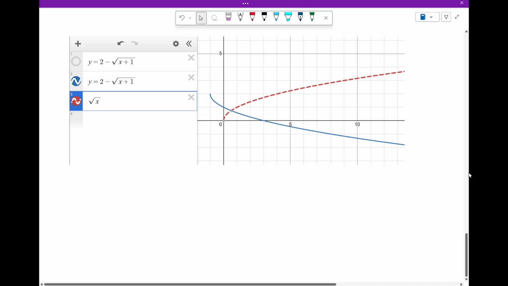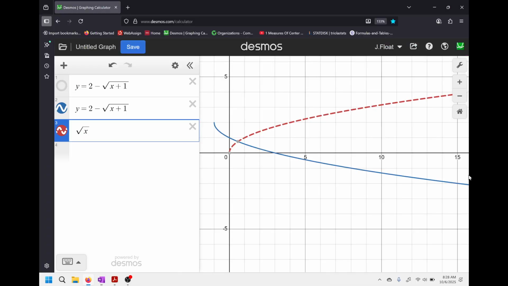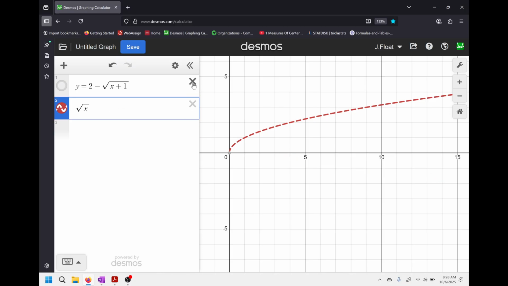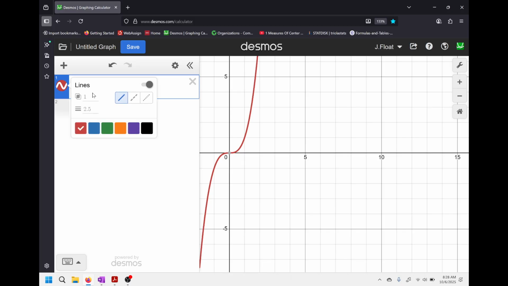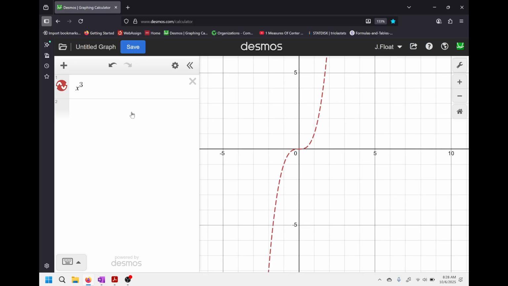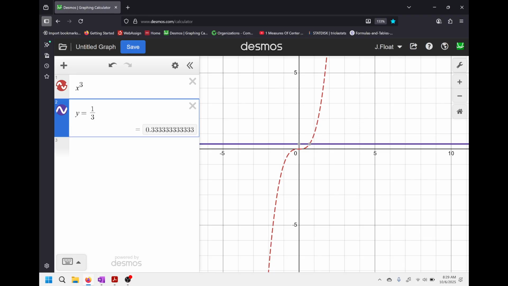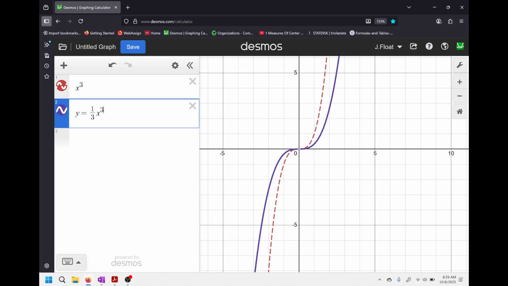Well, let's look at number 44. So number 44, the parent function is going to be x cubed. So that's our parent function right there. Now, the transformation equation they want us to do is y equals 1/3 x to the third minus 1.